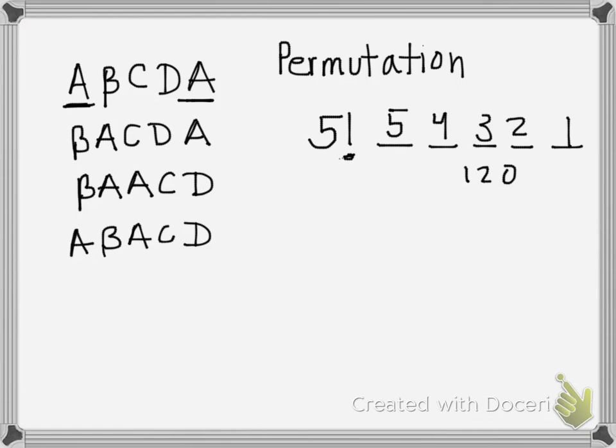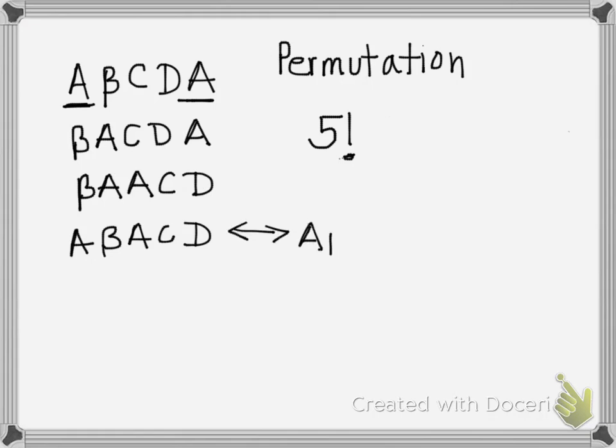But here, they're not all different. 2 of the letters are the same. So if I take this one down here and I say, hey, here's a different one, you say, well, that doesn't look any different, and I say, well, actually, I switched the A's.